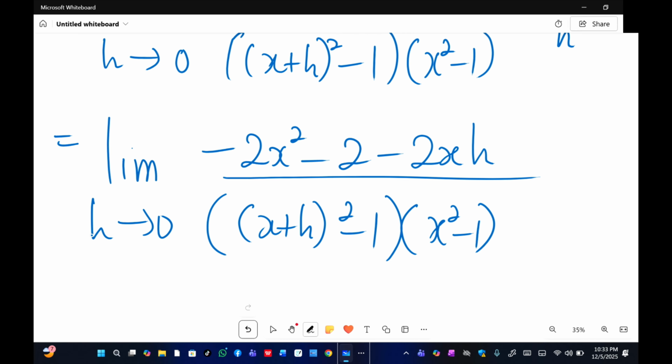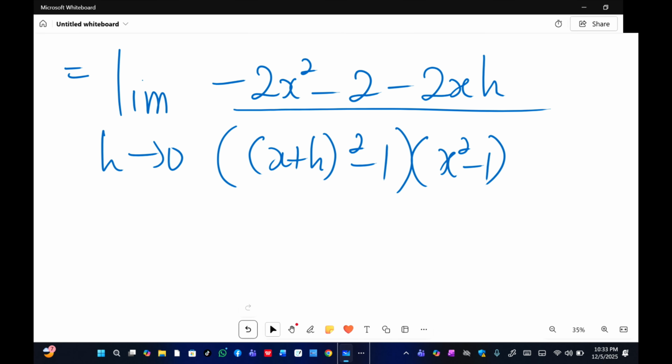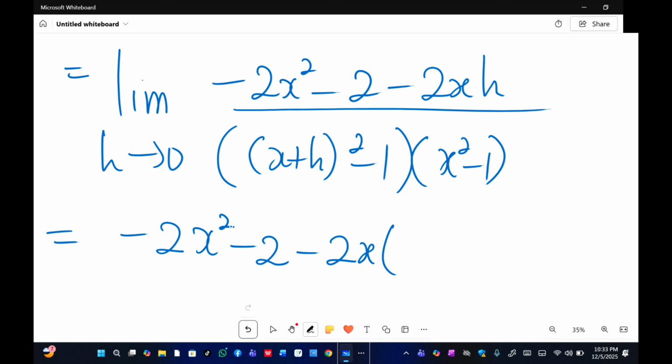Alright, so you can now substitute the value of h into the expressions. We are going to get negative 2. Okay, there's no h here. Alright, so negative 2x squared minus 2x, then you replace the h with 0 here, right, nicely.